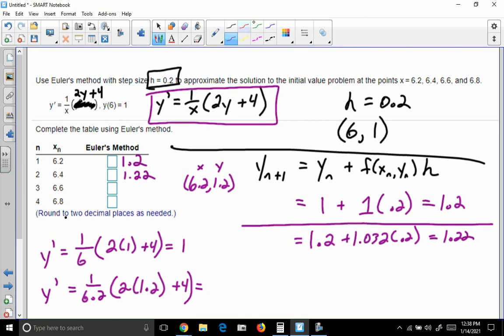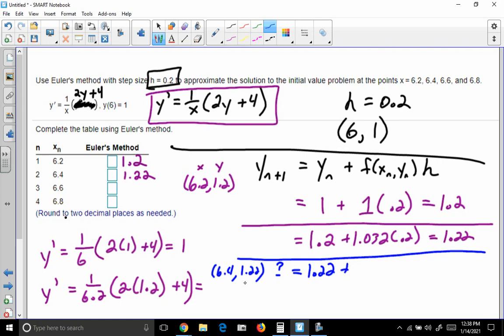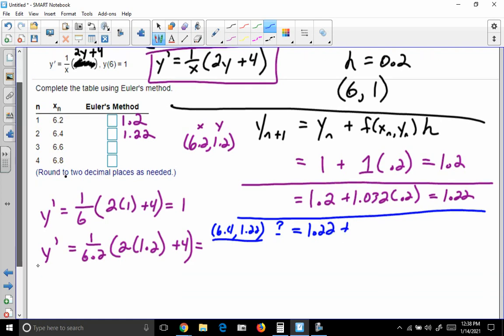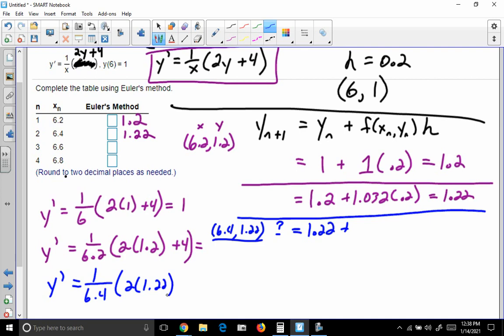And then we just continue doing the same thing. So to get to the new point, our current point is 6.4, 1.22. So to get our new y, it's our current y plus the slope at this point. So our slope is over 6.4, 2 times our y plus 4.